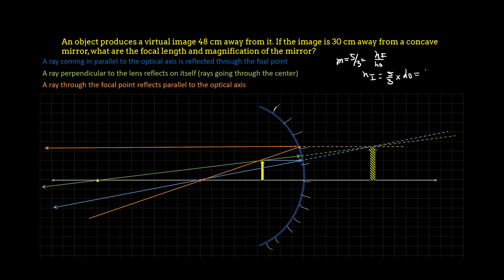So that's 10/3, which is 3.33. You can say it's roughly 3.33. And again, this is dO. This is dI. This is F.